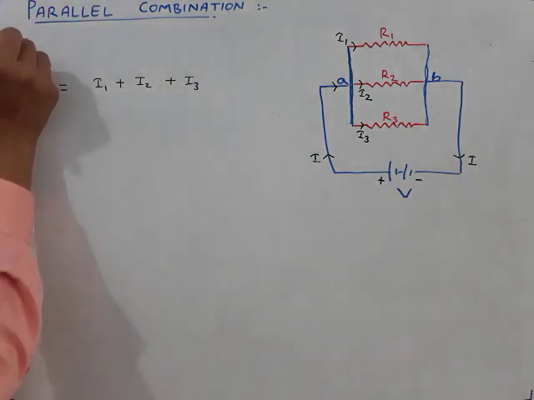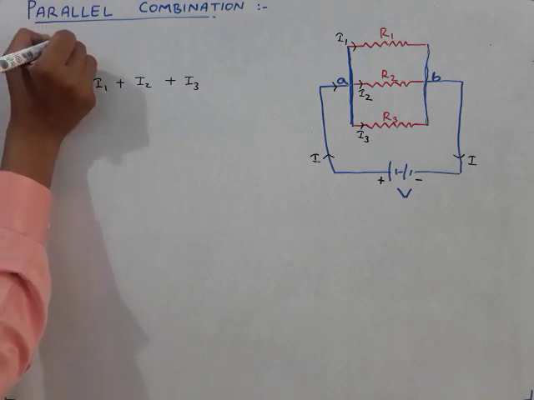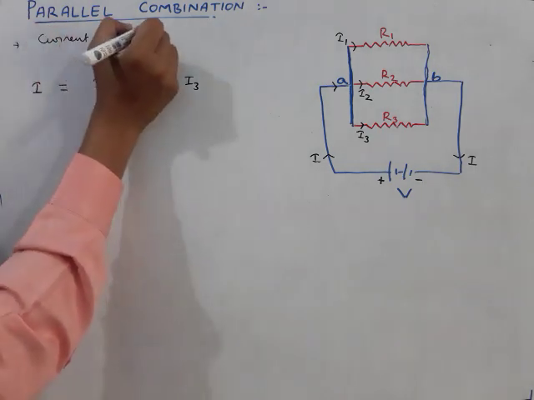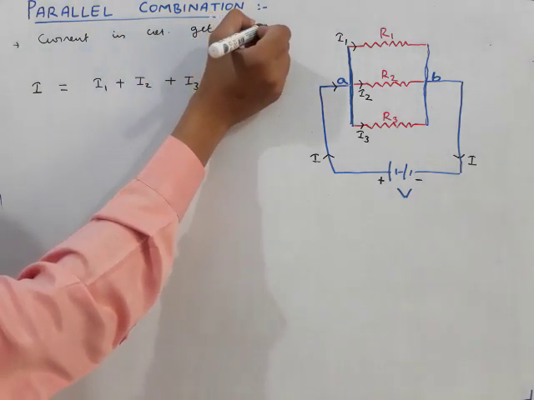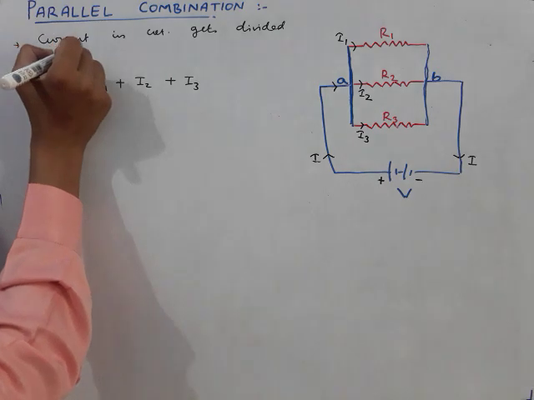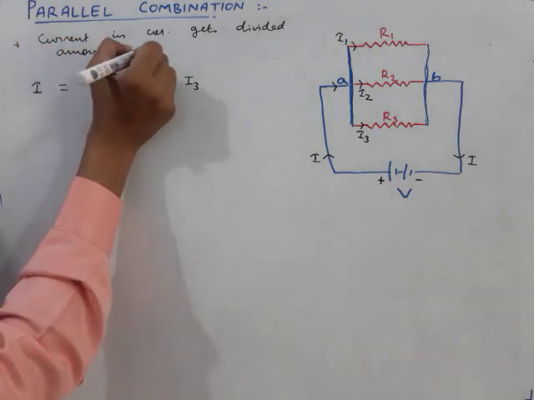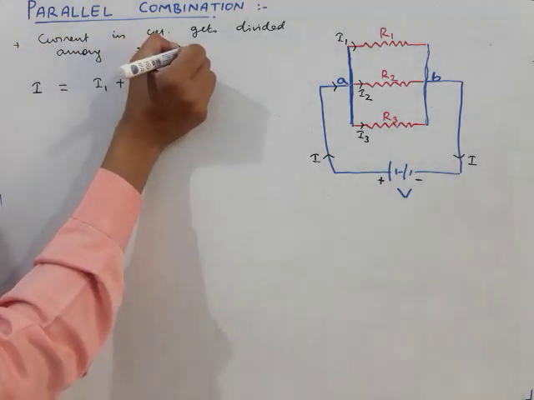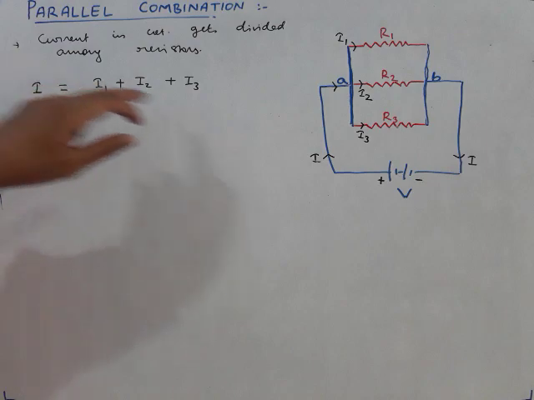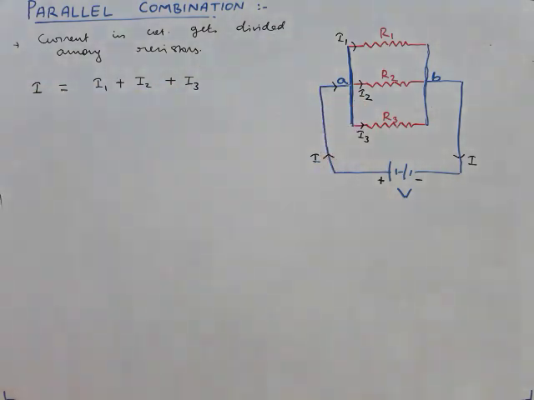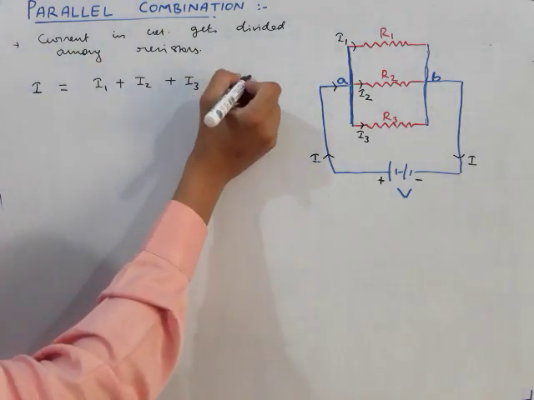So this is the first statement, that the total current in the circuit gets divided among the resistors. If you remember, in case of series we had discussed that the total potential difference gets divided among the resistors. So V is equal to V1 plus V2 plus V3 we used to write. Here we are writing I is equal to I1 plus I2 plus I3. This is statement number 1.